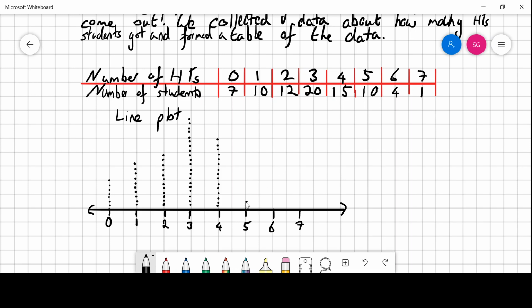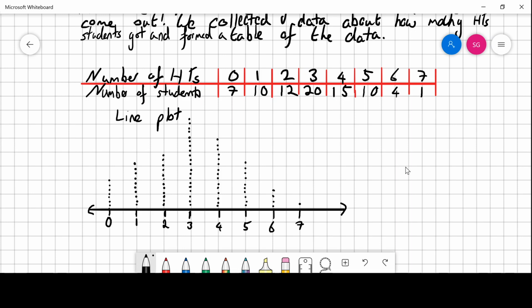For 6 H1s, 4 of them. And finally, 1 here. So each dot here represents 1 student.